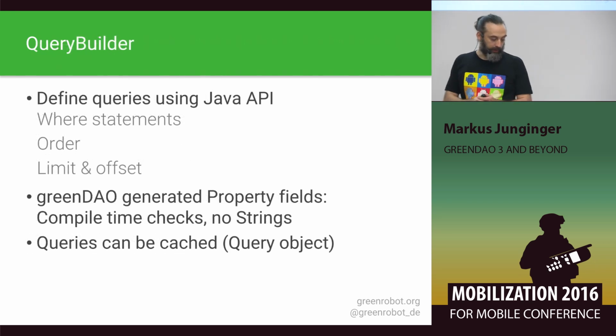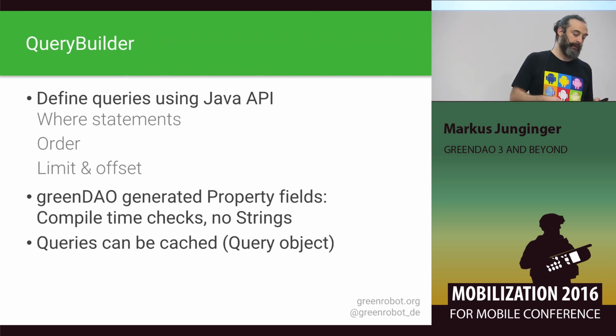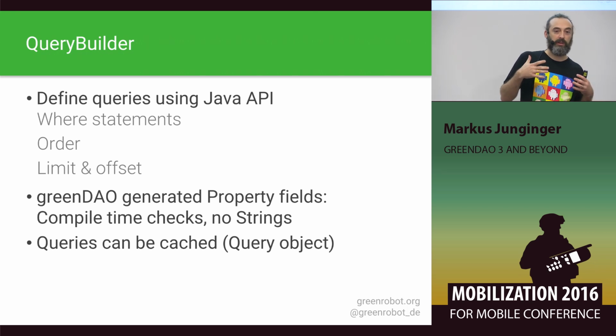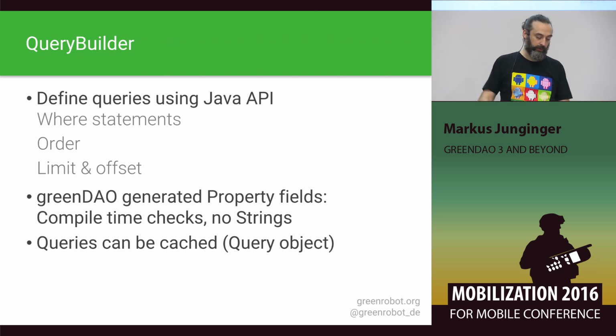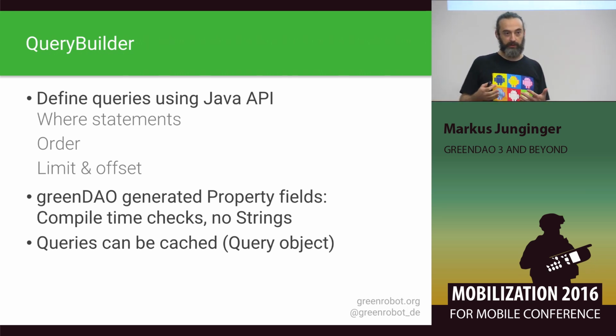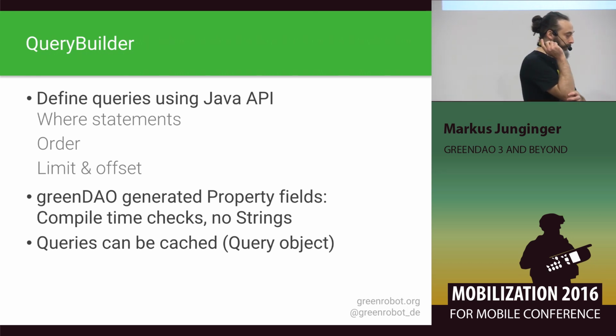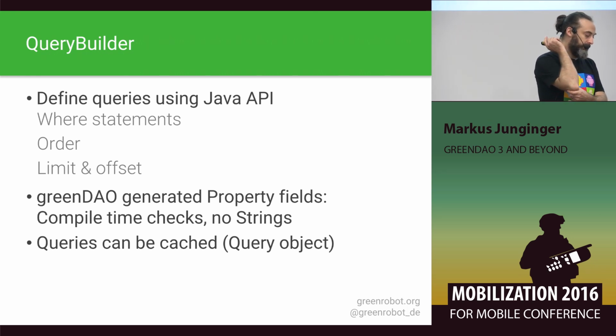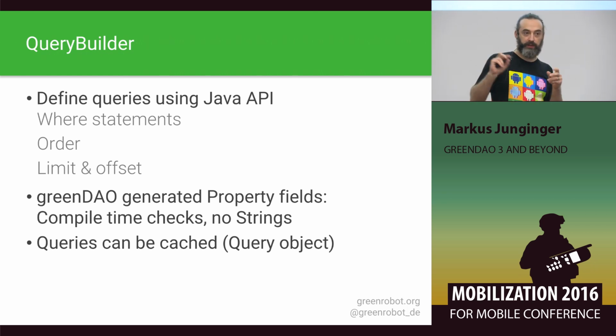And there's also a QueryBuilder. If you know SQL, it can be pretty long SQL statements and so on. The QueryBuilder is an object-oriented way of doing this. There's one specific thing about greenDAO where it generates some code and also some properties.